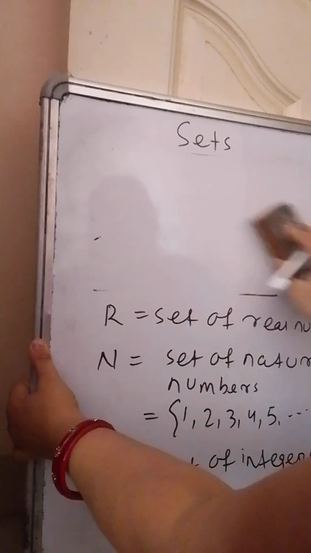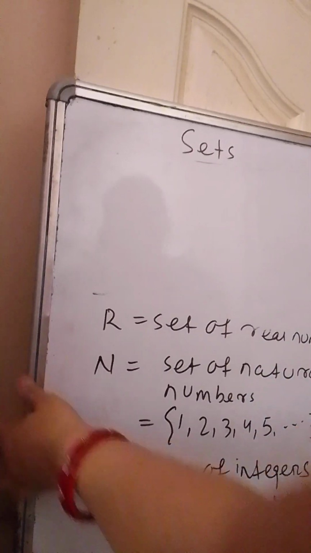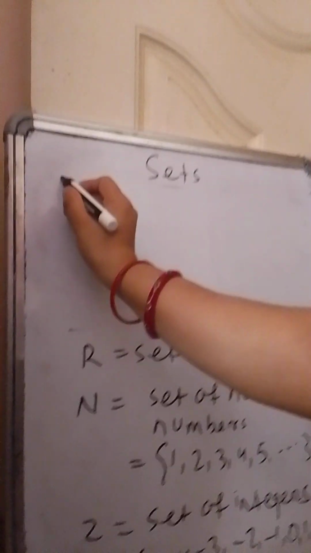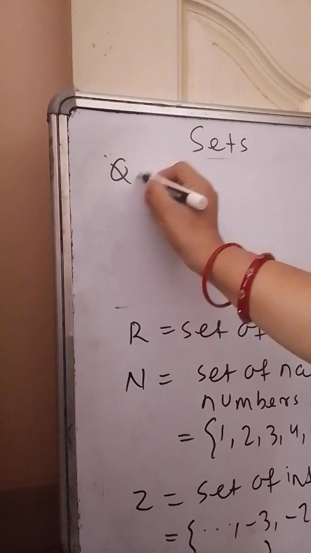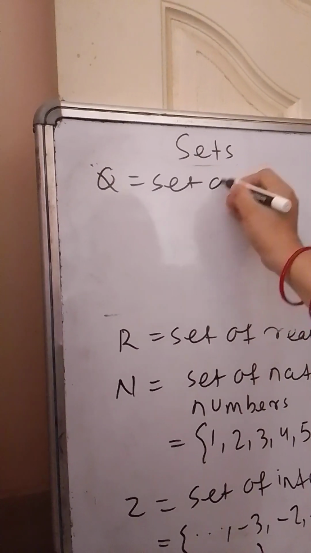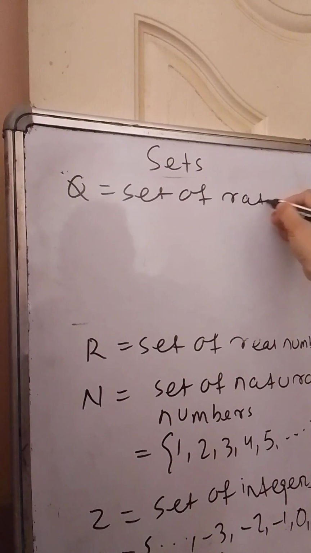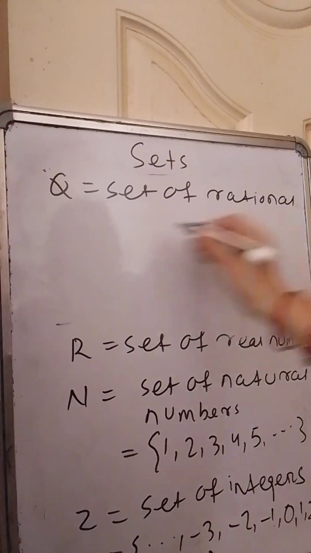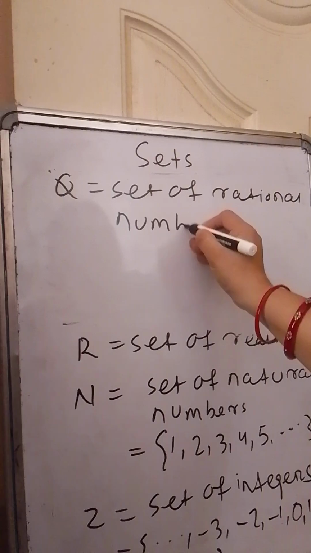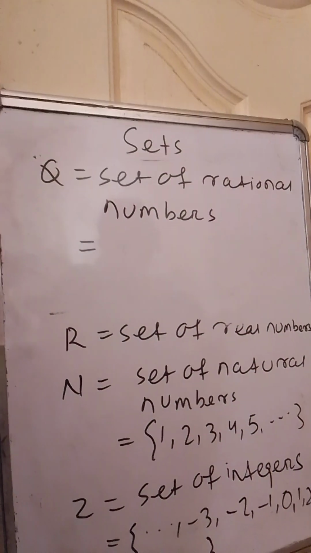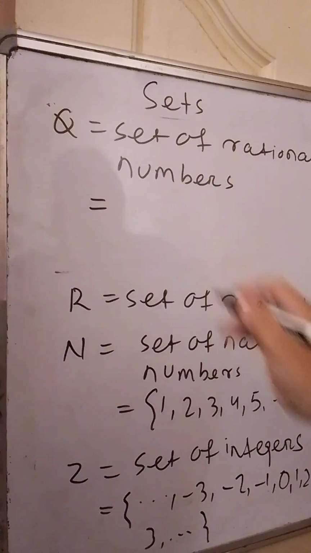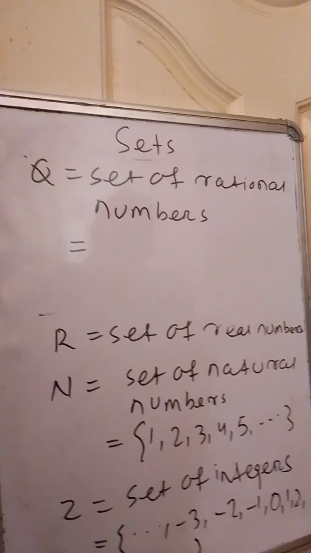Now next is the set of rational numbers, Q. Here we cannot write in roster form because there is no common pattern between the elements.